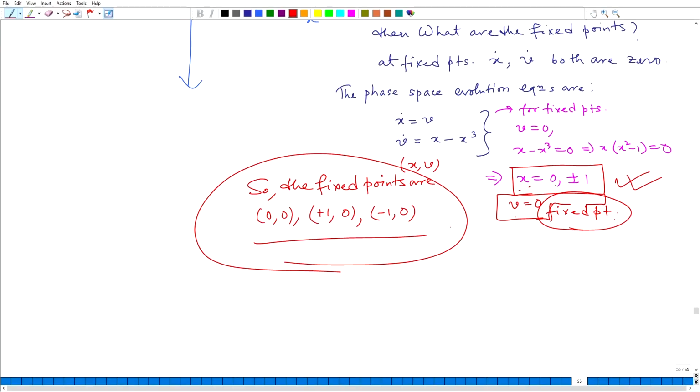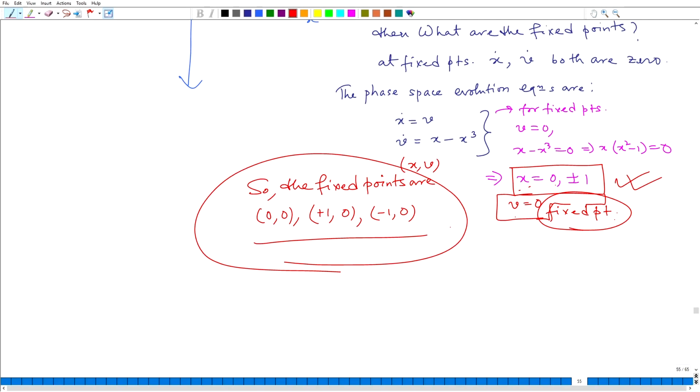We can think that in the neighborhood of those fixed points, we will have some nature of the phase space trajectories which are not giving any instability, then they are called stable fixed points.